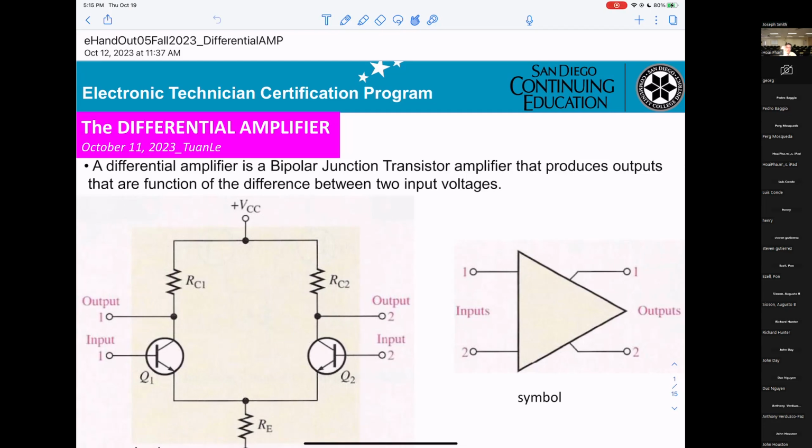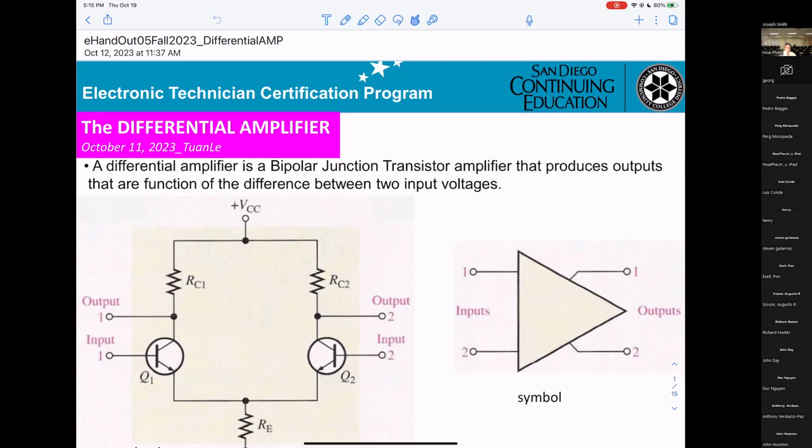And common base, the base will be at the AC root. Okay? On the formula, basically we don't have to memorize, but you have to have a general understanding.